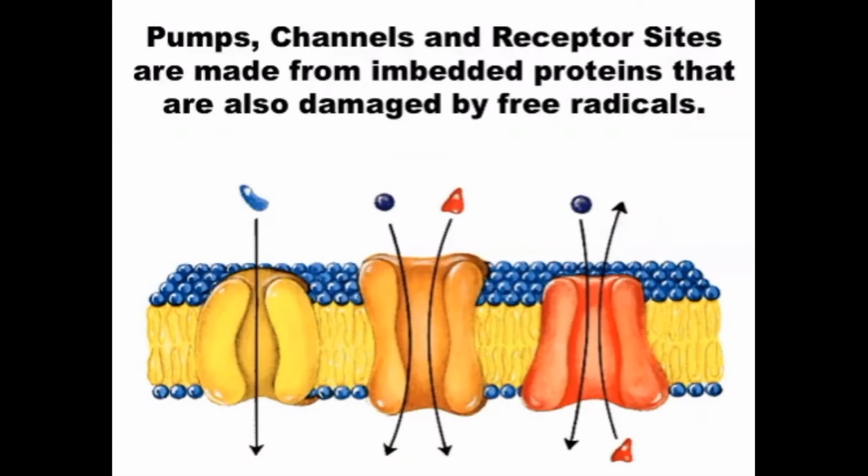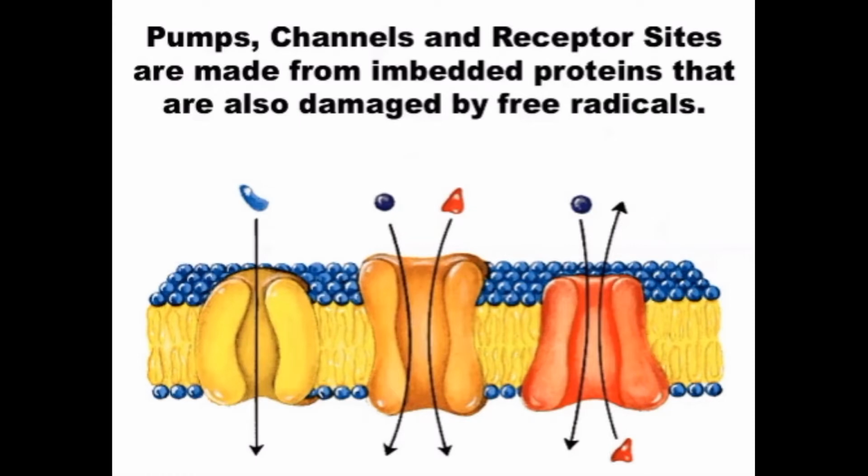Now, there are embedded in that phospholipid bilayer some proteins that comprise pumps and channels and receptor sites that are responsible for getting minerals into the cells, getting hormones into the cells, getting building blocks of all kinds into the cells. And when those proteins are damaged by free radicals, it makes a huge impact on the health of the cell.